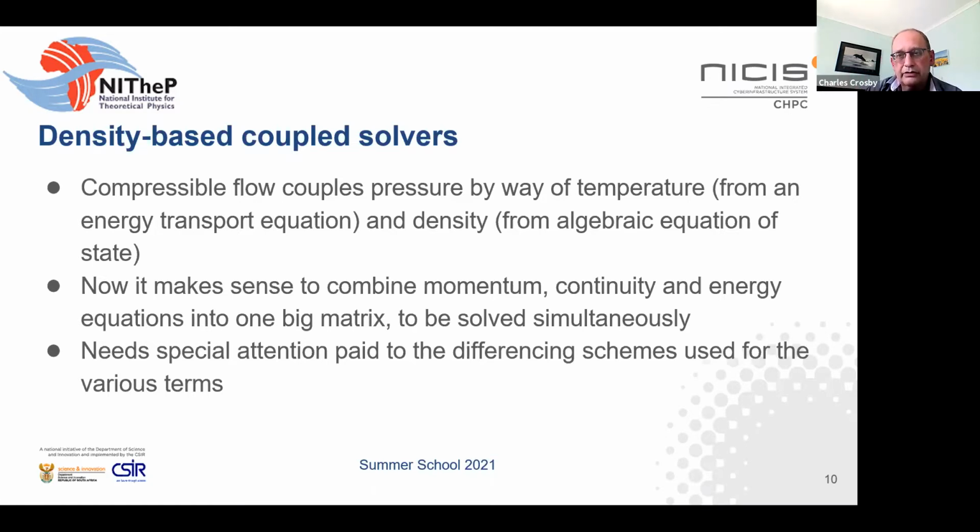So you don't need a special mechanism to resolve the pressure-velocity coupling, provided that the flow is sufficiently compressible. If you're trying to apply these solvers to very low speed flows, they fail unless you bring in some kind of pseudo compressibility to make them numerically stable and convergent.